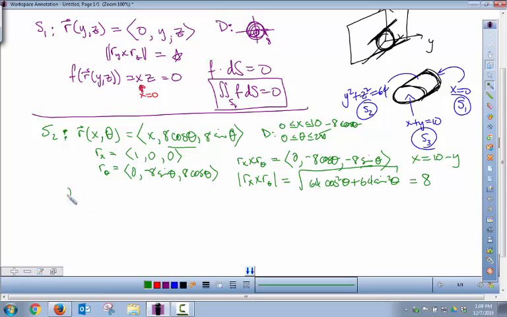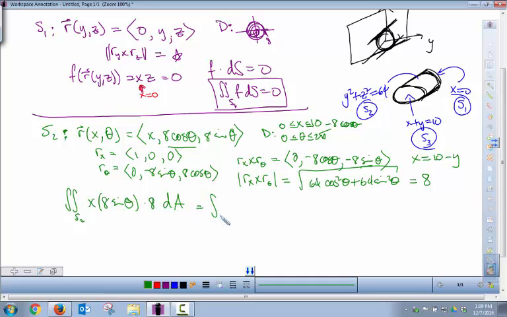So our integral is going to be integrating x times z times ds. And then we have our limits set up over here, so we can just change this into our limits.